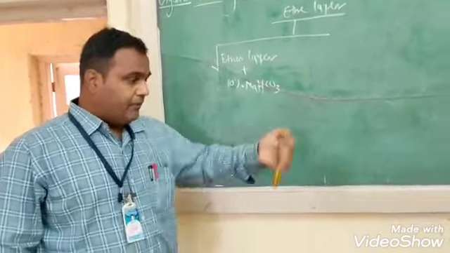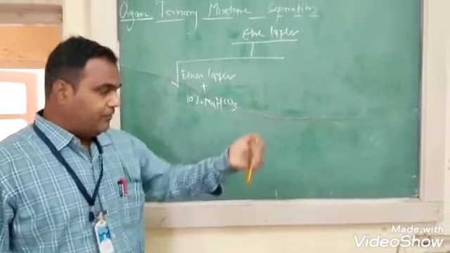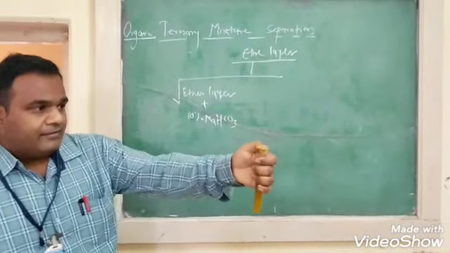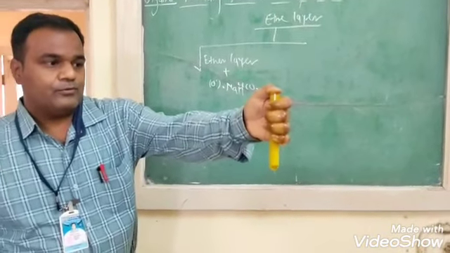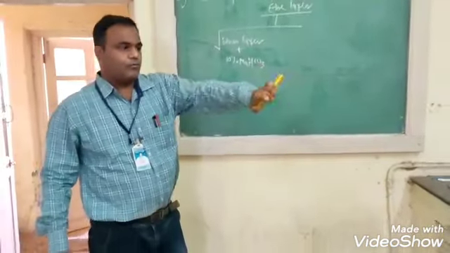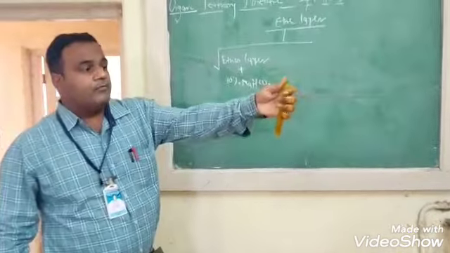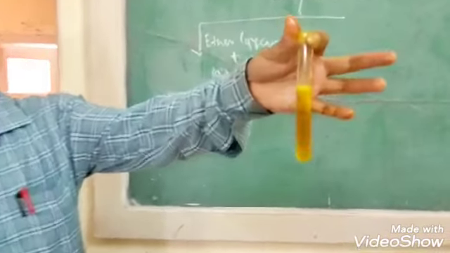If the given mixture contains an acid, then there is effervescence of CO2. Now see, there is effervescence of CO2, which means the given mixture contains acid, or an acid may be present.